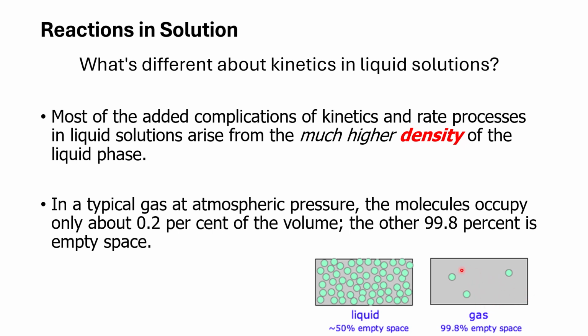So you will see that in the liquid, the empty space is much less compared to the gas phase. The consequence is that with more space available in the gas, the reactants can move around much more frequently.